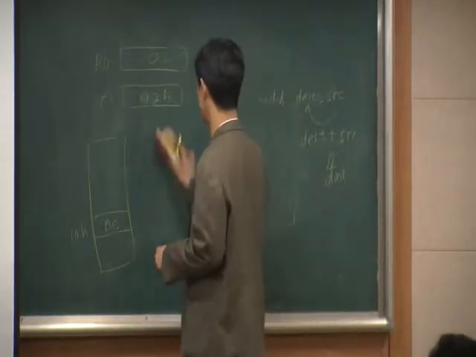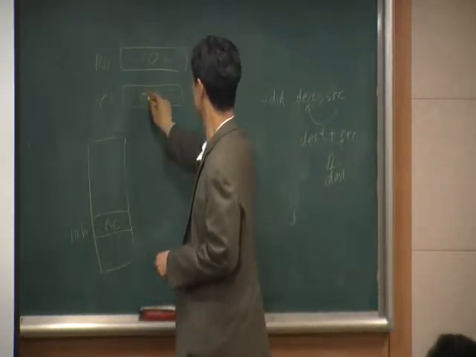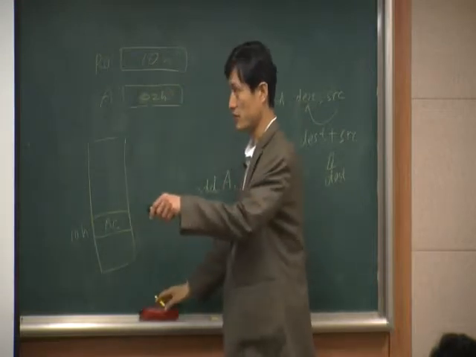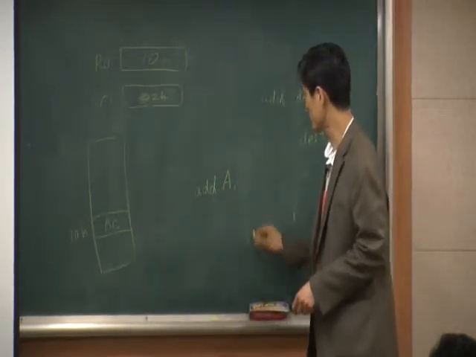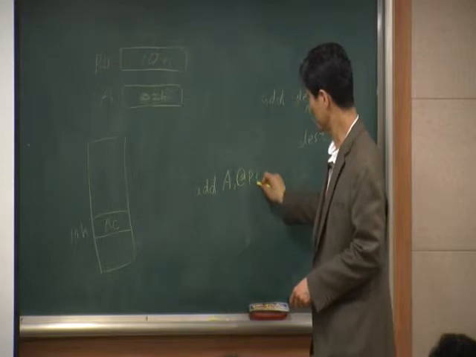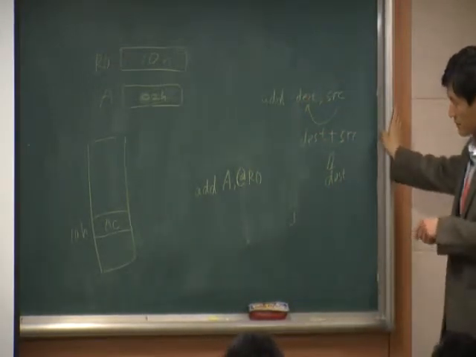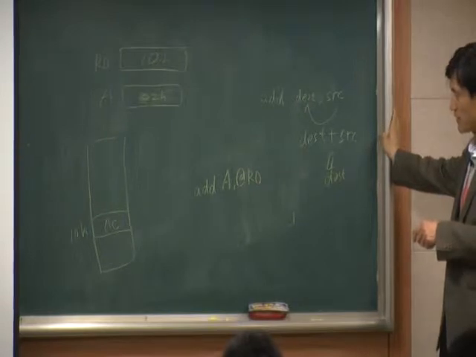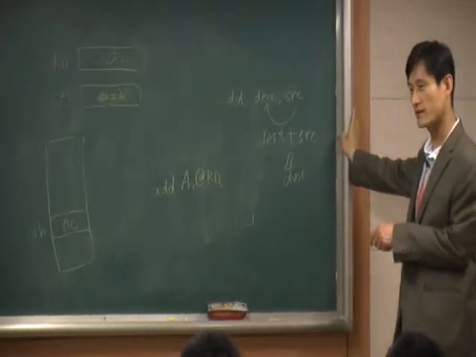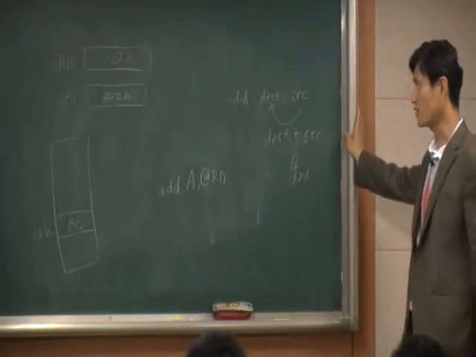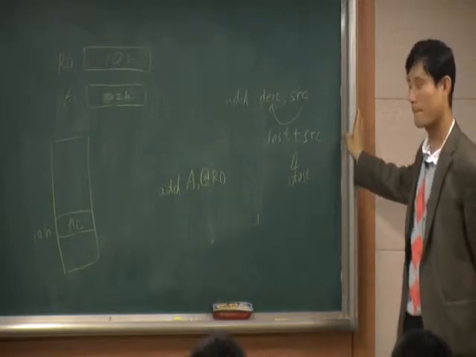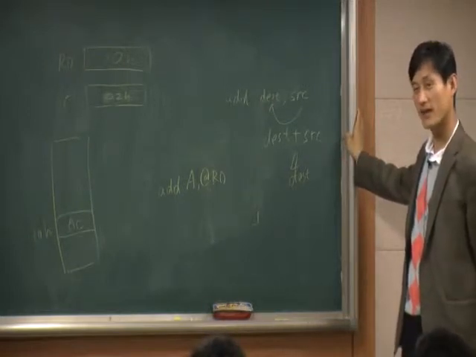Okay, now then, as you see here, let's change here. Let's do it this way. I want to change the source R0 into indirect addressing. Now then what happened? AE, right? AE.